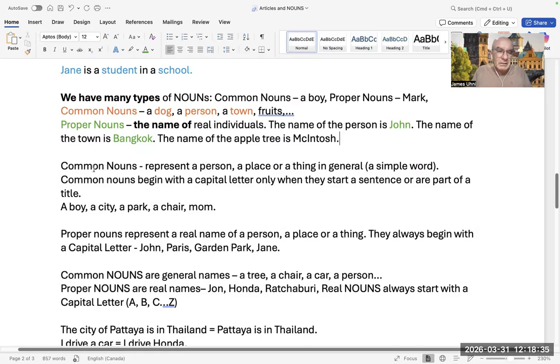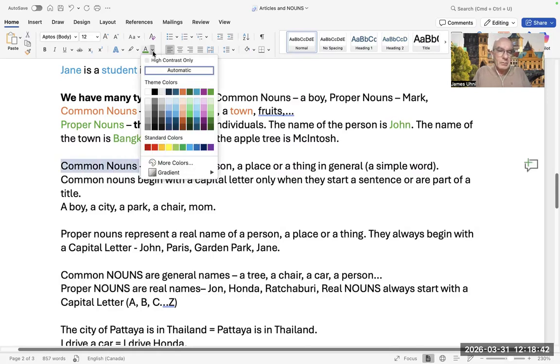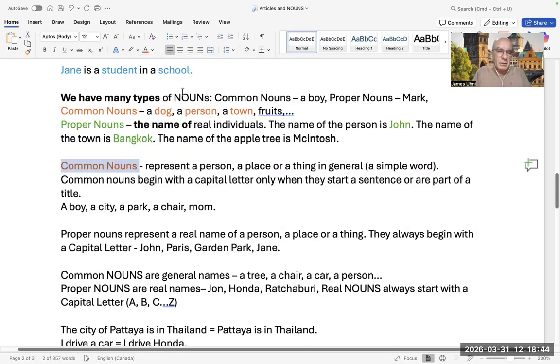So let's say common nouns, in orange, represent a person, a place, or a thing in general, a simple word.